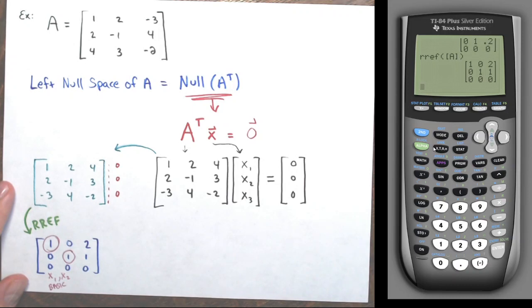And then the third column has no pivot, no leading one in any row. So x3 is what they call a free variable. It can take on any real number value I wish. And as I've been doing in a lot of videos, I like to replace my free variables with some other parameter, some other expression that represents any real number. So t here, so t belongs to the reals.